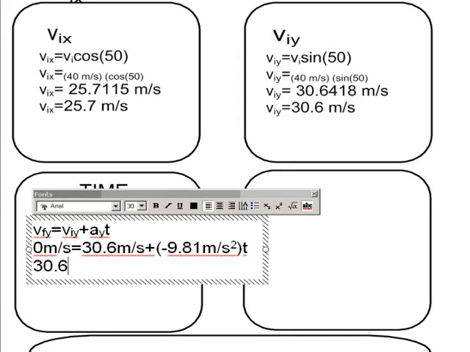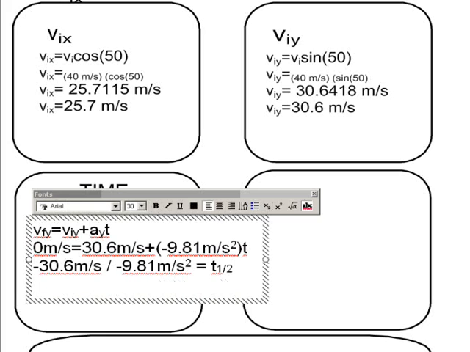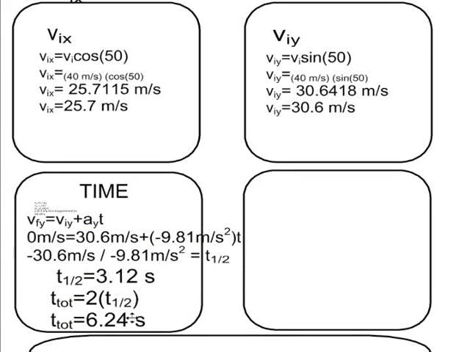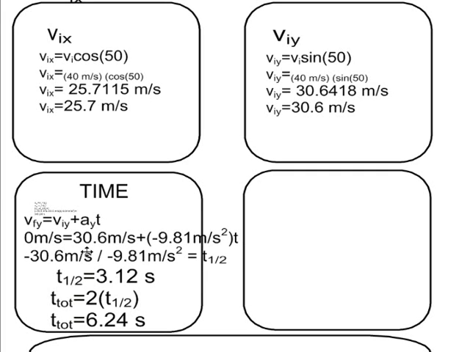Okay, so here I'm just rearranging my formula again, so that I get negative 30.6 meters per second divided by negative 9.81 meters per second squared. Now, just to make sure that my answer is going to be what I'm looking for, I'm just going to talk about the units for a second. So meters per second divided by meters per second squared. When I copy, change, flip all that, I'll have an answer with units of seconds.